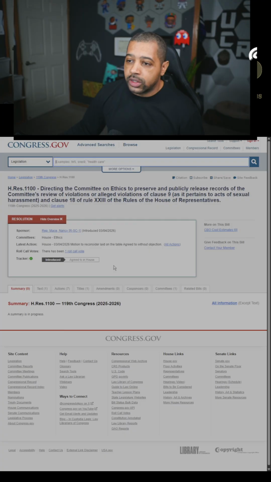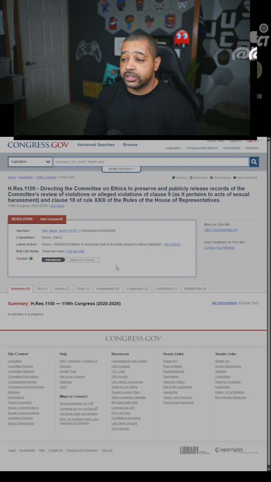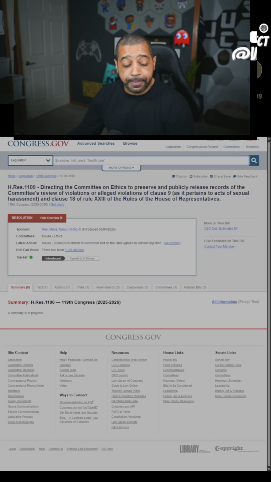When you click on House Resolution 1100, it reads: directing the Committee on Ethics to preserve and publicly release records of the committee's review of violations or alleged violations of Clause 9 as it pertains to acts of sexual harassment and Clause 18 of Rule 23 of the Rules of the House of Representatives.